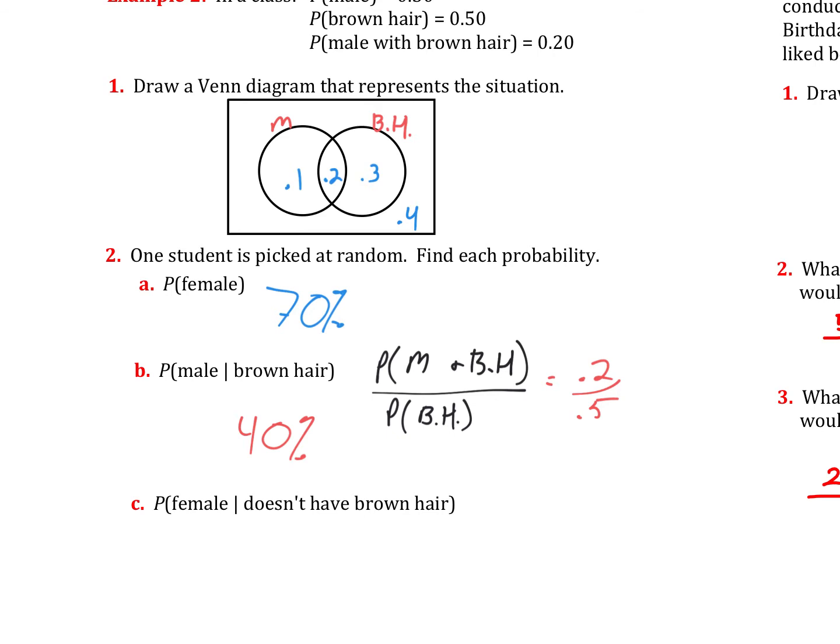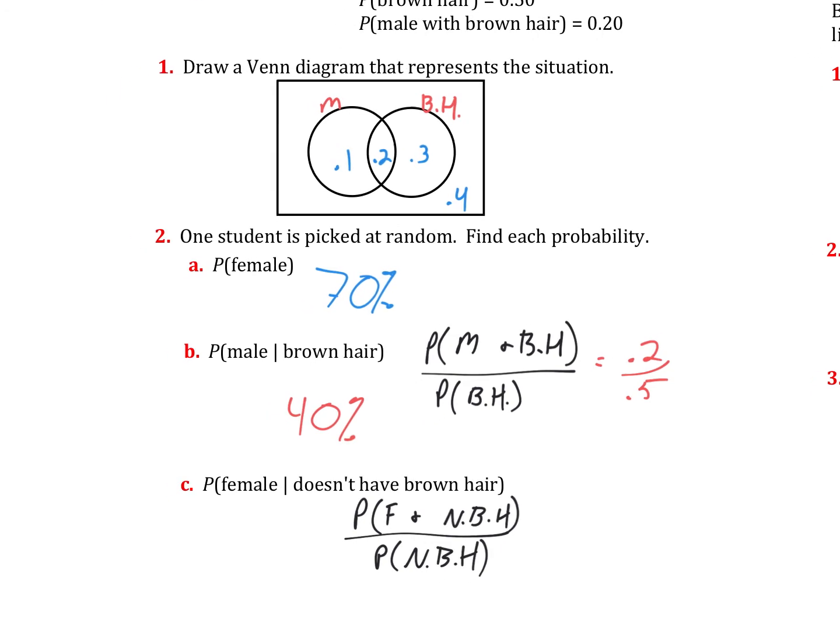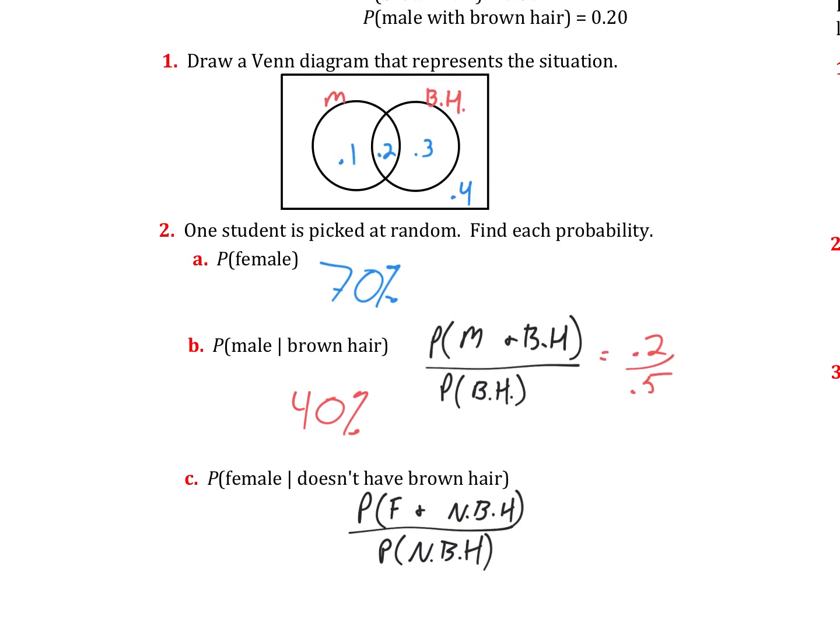Next, probability of selecting a female given that the person does not have brown hair. So we need the probability of female, and they do not have brown hair. I'll say NBH, not brown hair. All over probability of selecting someone that just does not have brown hair. All right, so to find this out, we need first probability of selecting a female who does not have brown hair.